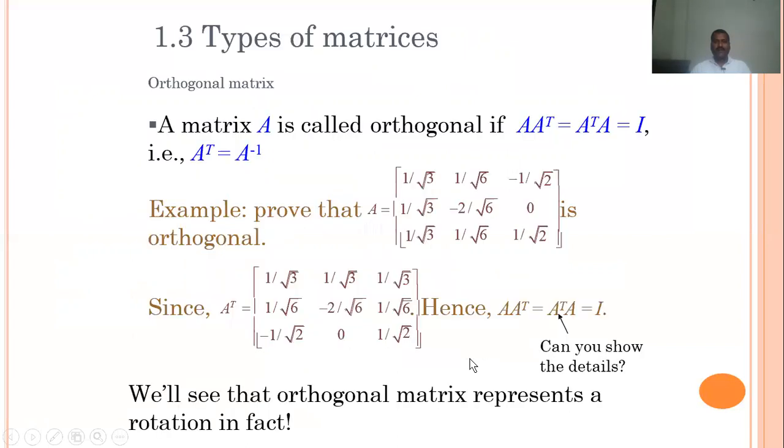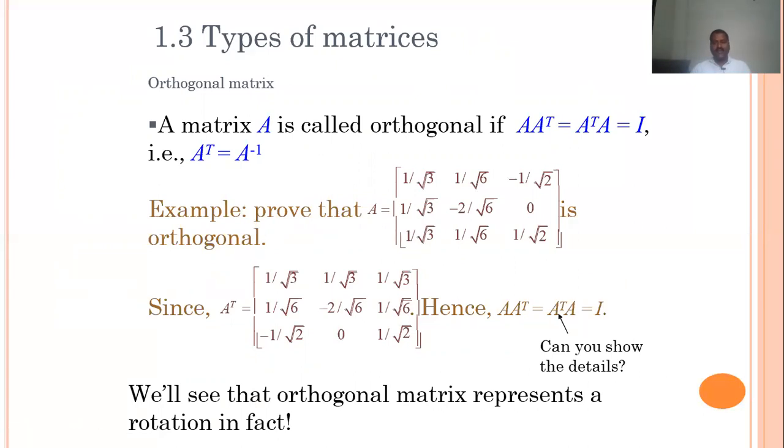Next, orthogonal matrix. This plays an important role. A square matrix A is said to be orthogonal if A A transpose equal to A transpose A equal to I, identity matrix. That is, if you pre-multiply both sides by A inverse, we can also see that A transpose equal to A inverse.